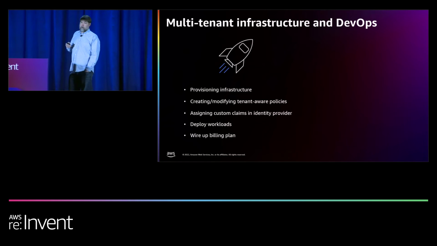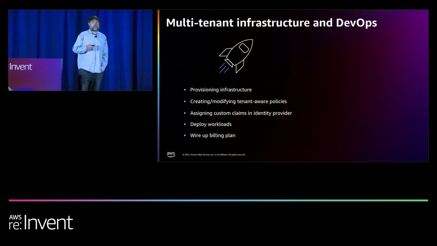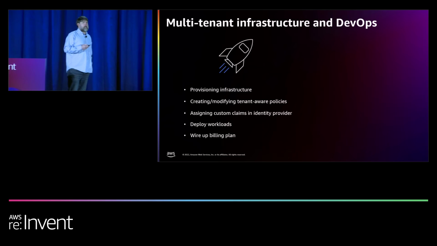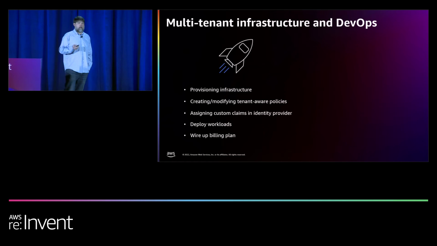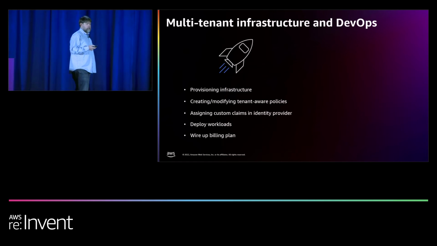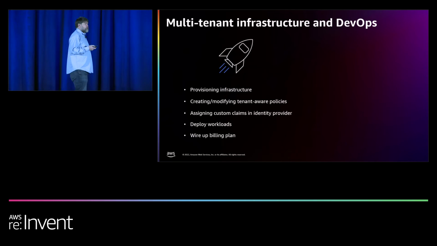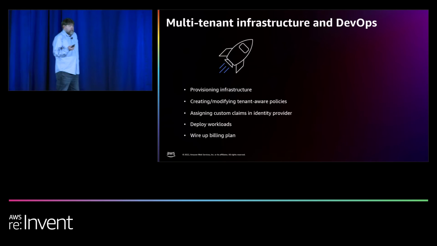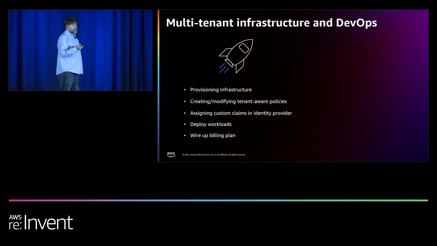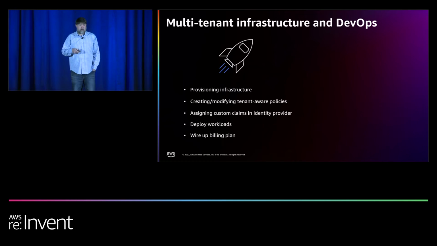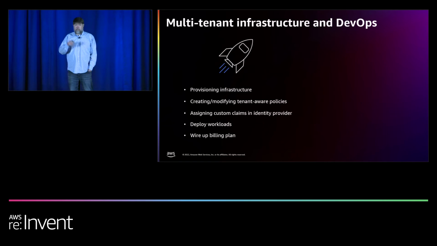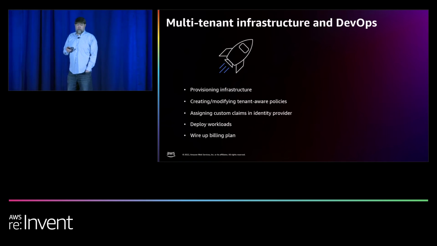In a multi-tenant world, in a SaaS world, you have to think about what impacts onboarding a new tenant makes to your DevOps world. When you onboard a new tenant, are you going to have to provision some infrastructure to support that tenant? You're probably going to have to create some of these security policies that we've just been talking about, whichever flavor you want.